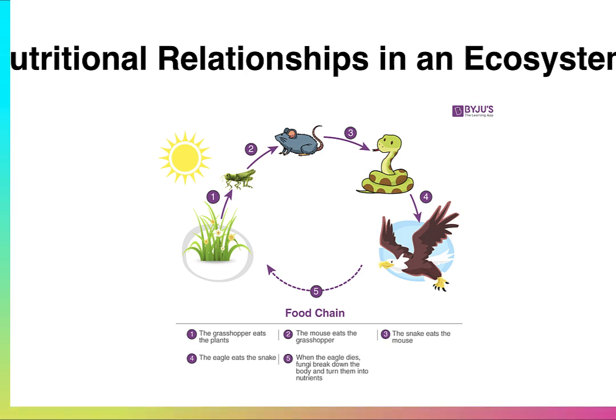And then lastly, when you go through from 5 across back to 1, the decomposers and the detritivores clean up the environment and destroy whatever's left over, including the eagle remains after the eagle dies. And so this is a sort of a reflection of a food chain.